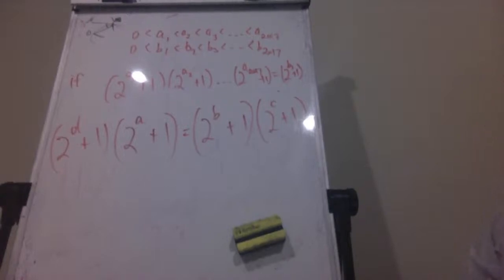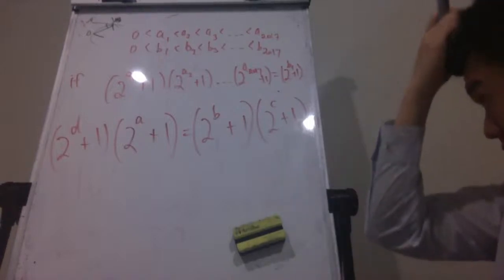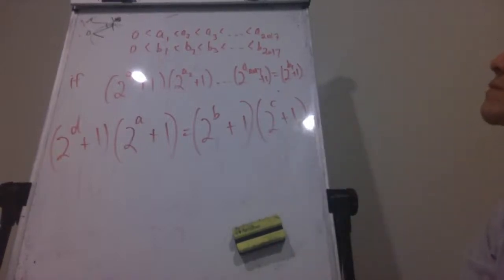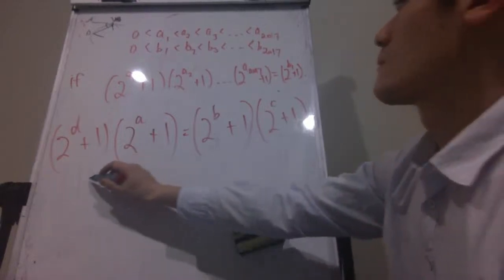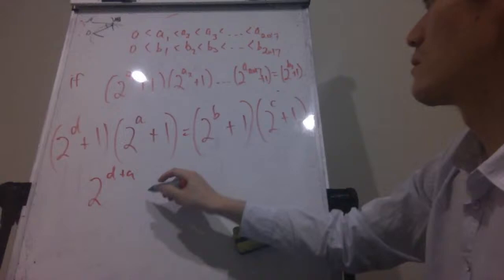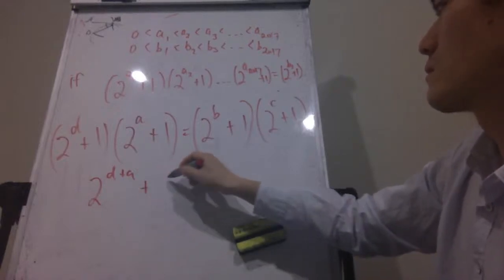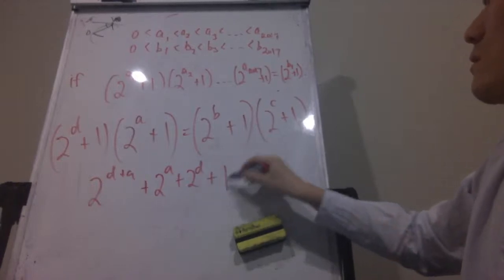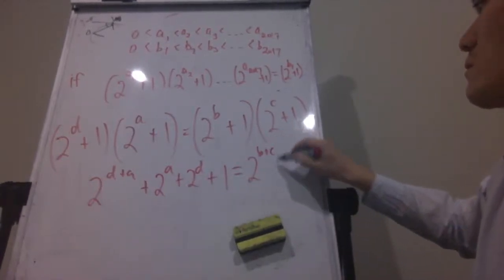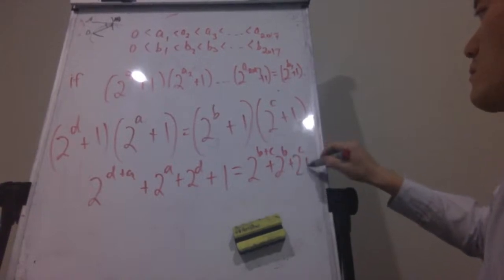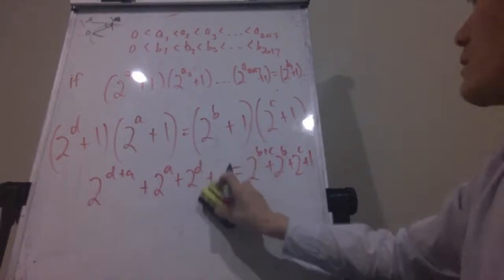Not saying it's the right thing to do, but what was it? 2D plus A plus 2A plus 2D plus 1 equals... so the ones cancel again.